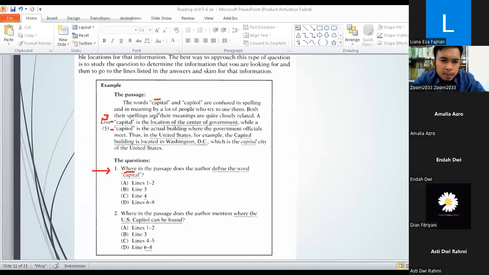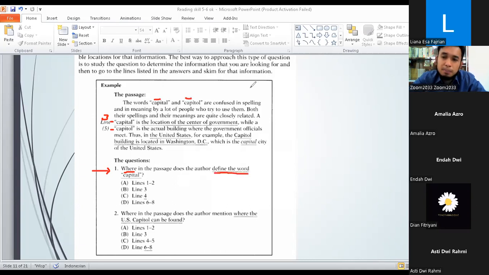Both their spelling and their meaning are quite closely related. Okay, is it? Where does the author define the word capital? So what's the answer? Oh, Charlie. Okay, thank you, Farah.